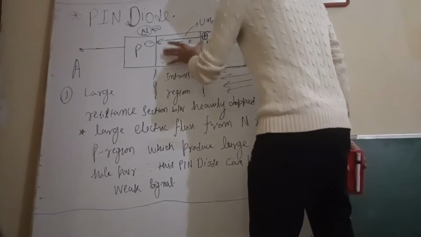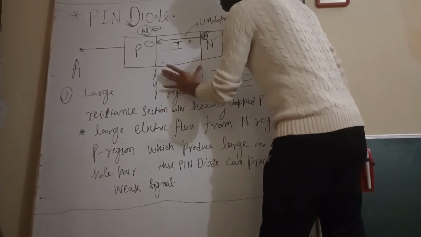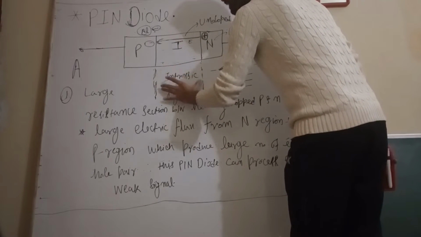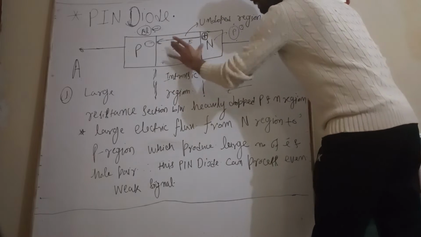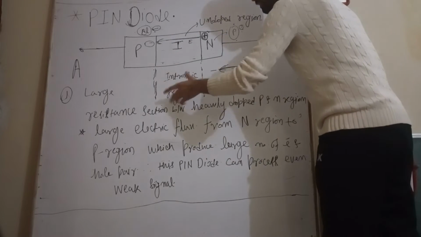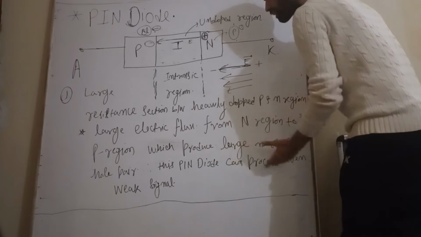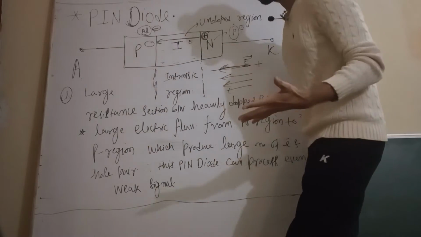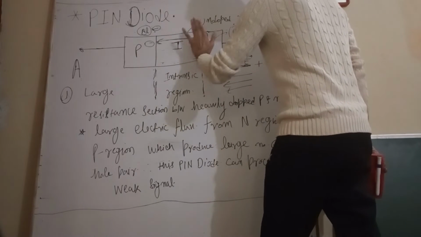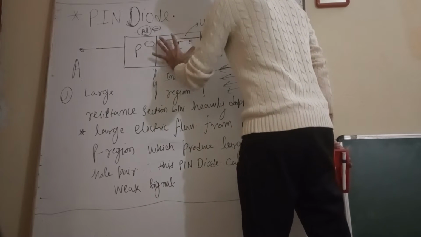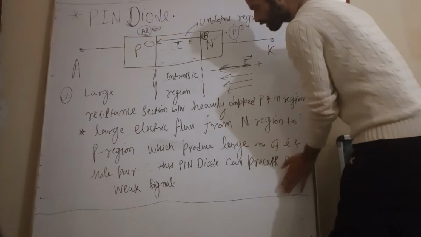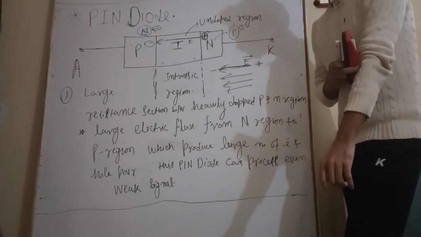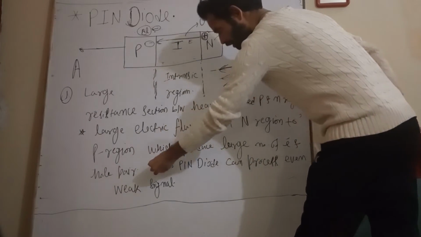Why? Because of this large section of intrinsic region, which provides a large section of resistance, and therefore there is an establishment of a large electric field from the n region to the p region, or you can say a large electric flux, which will generate a large number of electron and hole pairs.